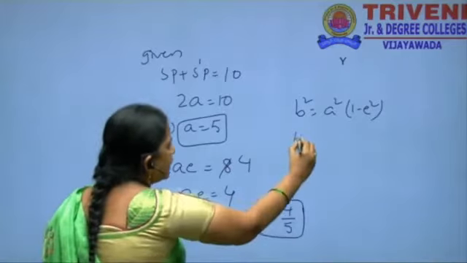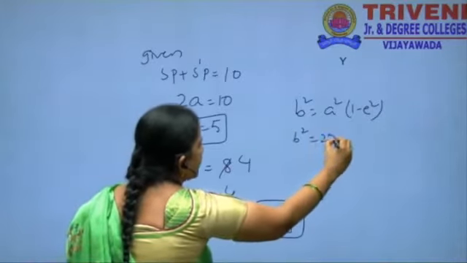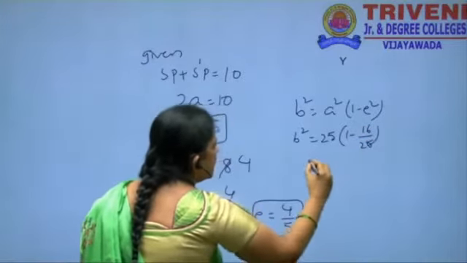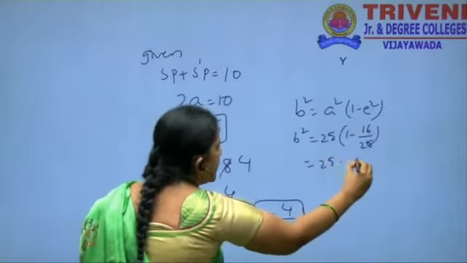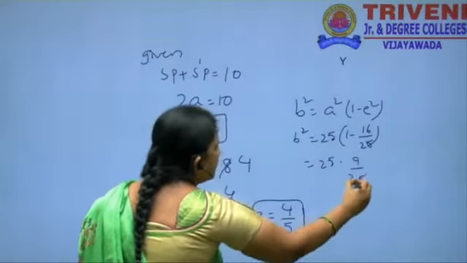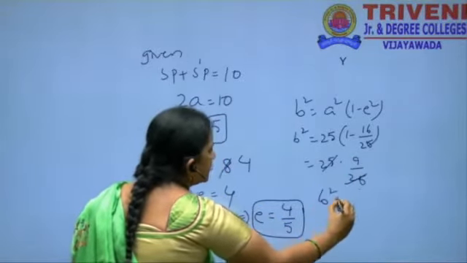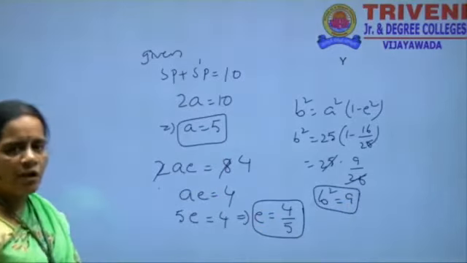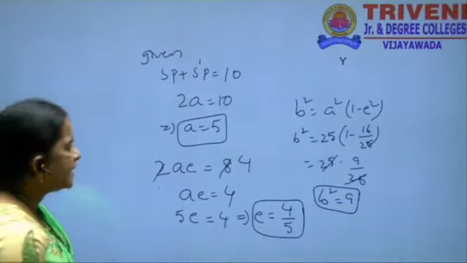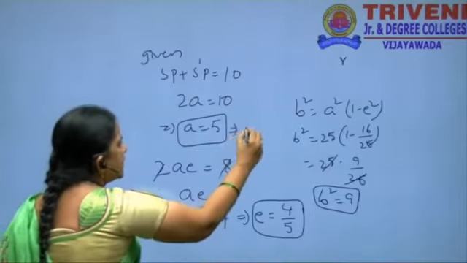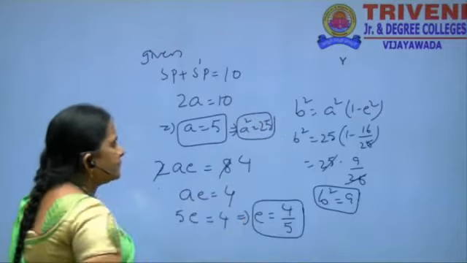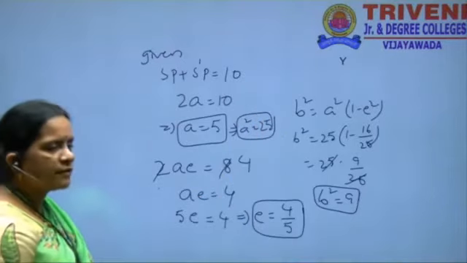That is, b square is equal to 25 into 1 minus 16 by 25. Here 25 into 9 by 25, the 25 gets cancelled. The value of b square is 9. The value of a is 5, so a square is equal to 25, and b square is equal to 9.